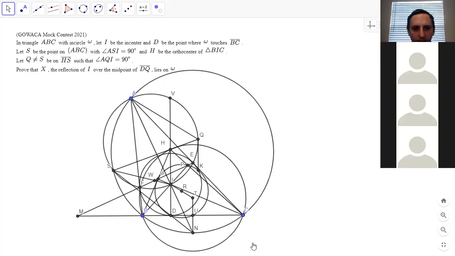I don't know. This probably makes my brain hurt. TIN isn't, I don't think it's equal to TNI.